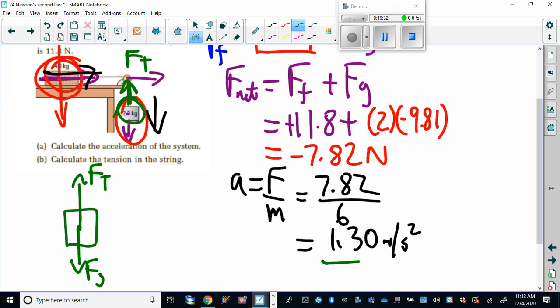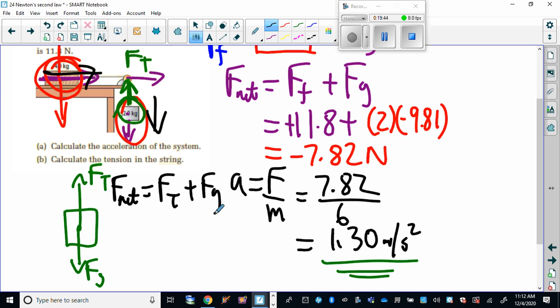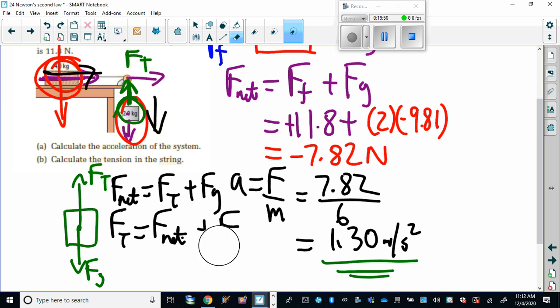But now that we've got the acceleration, it's going to make it nice and easy because it's going to be your F net equals Ft plus Fg. In this case, we're solving for the tension. The tension plus Fg... oh, sorry, minus Fg. Again, be very careful with your signs. Don't do what I just did.